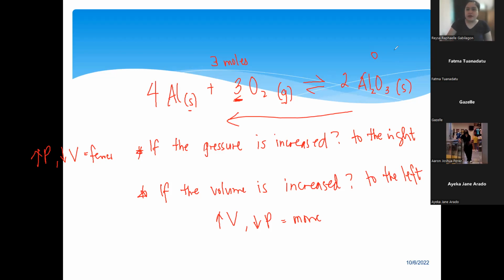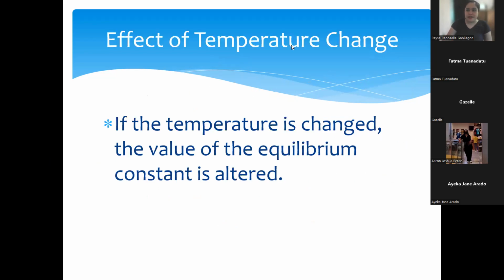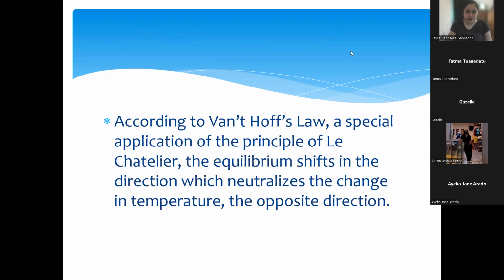Can we move on now? Let's have the second cause of stress in a system. Okay, let's complete them. The second one is the effect of temperature change. Okay, so again, temperature class ha, a change in temperature is a cause of stress in a system. So equilibrium will also be disturbed.